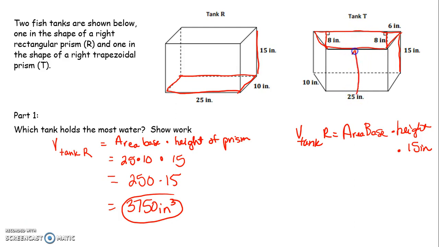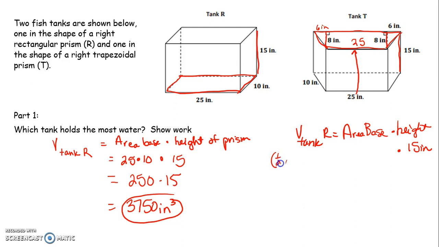If I slide this up, this is 25. These are each 6, and the height of each is 8. So for the area of our base, I have to do the 2 triangles added together with the rectangle.